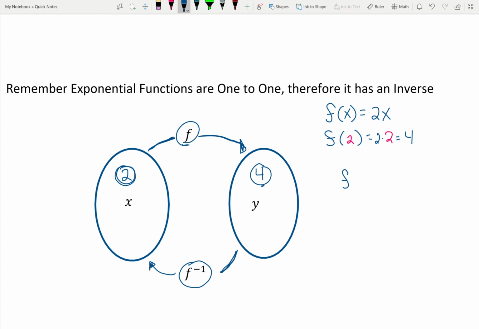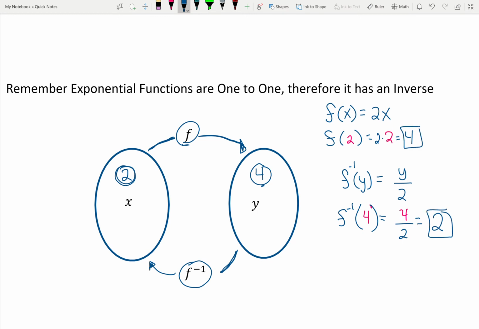So if my inverse function looked like this, and I plug in 4 into my inverse function, it'll send me back to 2. So we were kind of undoing what the first function f did. We're kind of undoing it if you want to think about it like that.